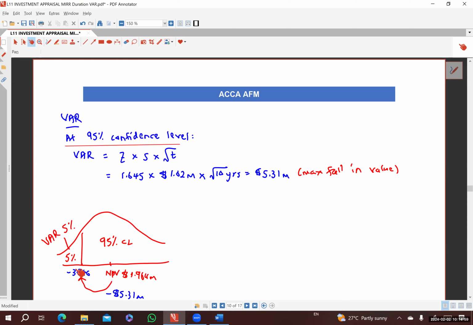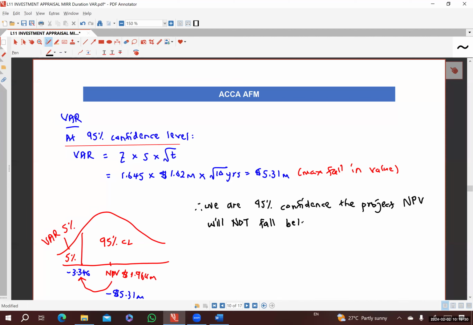That's sensitivity analysis. So we explain like this. We are 95% confident the project's NPV will not fall below negative 3.346 million.